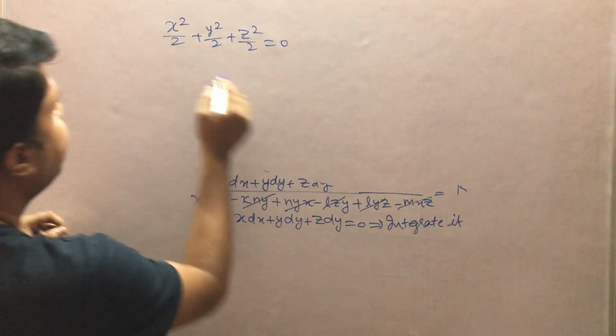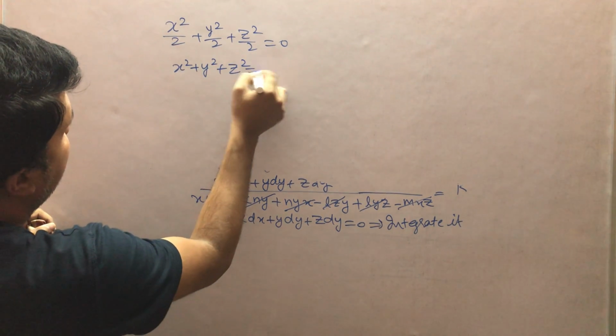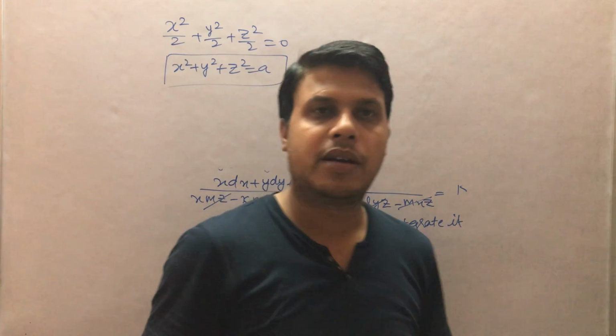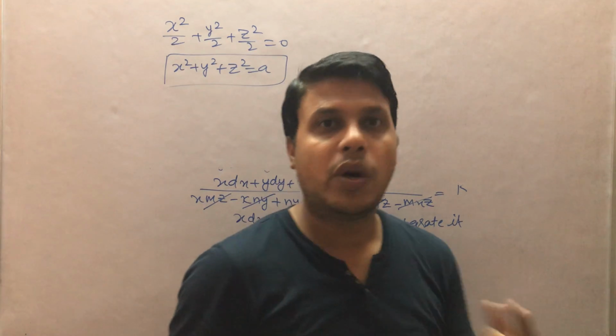Equals to 0, then we have chosen arbitrary constant a. Hope this is clear. And now, as I told you, we have to take actually two arbitrary constants.